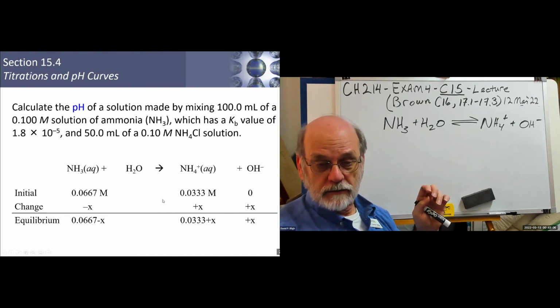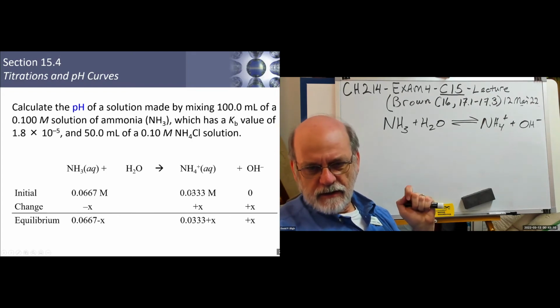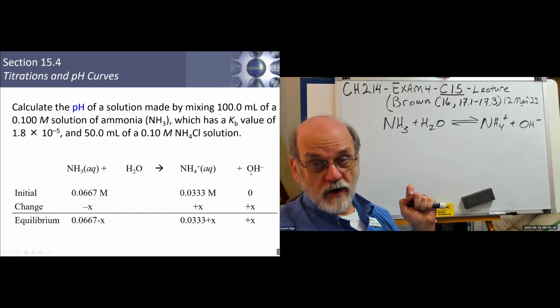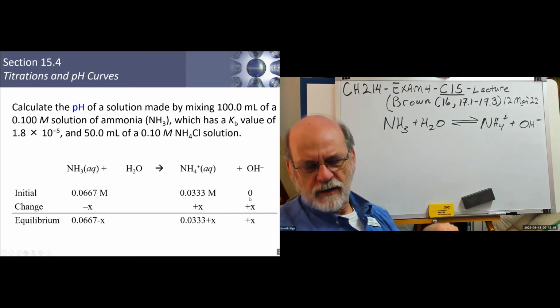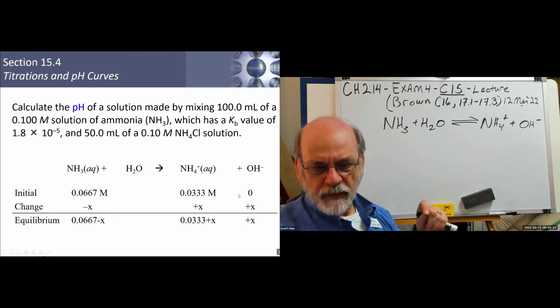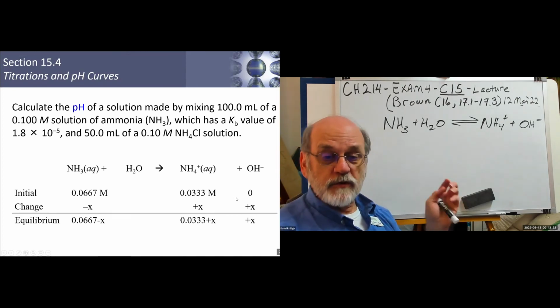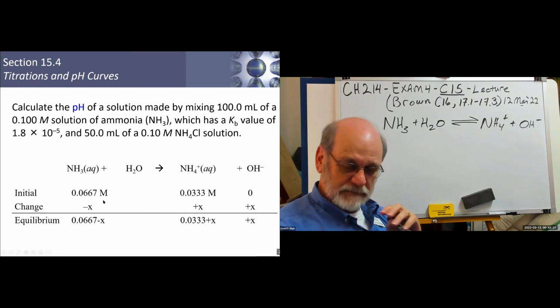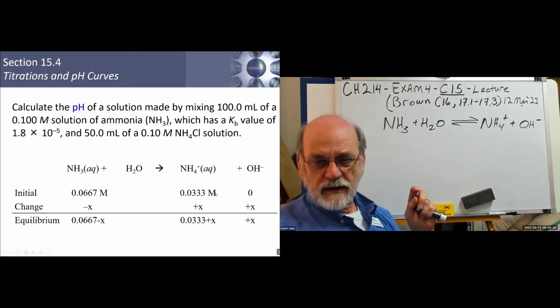This is equilibrium. So which way is it going to shift? Well, we start off with no hydroxyls at all, or virtually none. Probably should have put a squiggle in front of that. So the reaction is going to move to the right. And when it moves to the right, you're going to lose some ammonia and gain some ammonium and some hydroxyls.